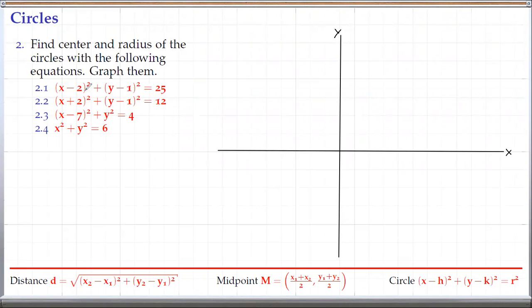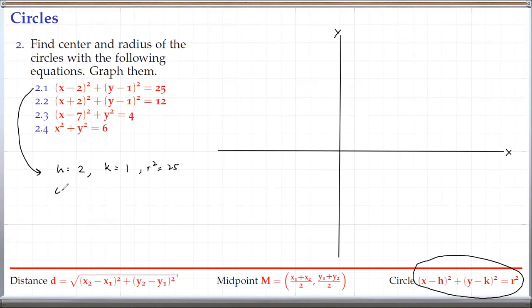So for the first one, we have x minus 2 squared plus y minus 1 squared equals 25. Now compare this with x minus h squared plus y minus k squared equals r squared. So if we compare these two, looks like we have h equals 2, k equals 1, and r squared equals 25, the right-hand side in both of these equations.